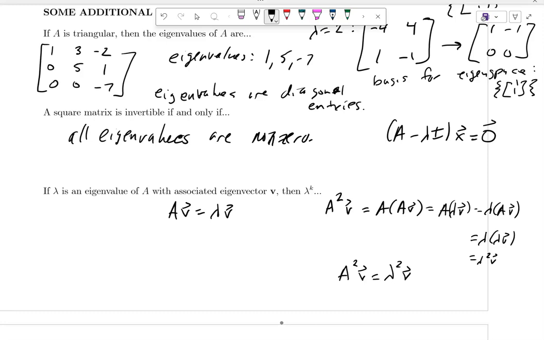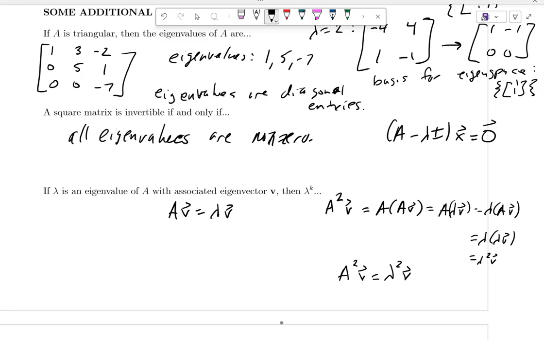So if lambda is an eigenvalue for A, what's an eigenvalue for A squared? Lambda squared, right? Could I do it for cubed? Yeah. Could I do it for the fourth power? Yeah. Could do it forever, right?